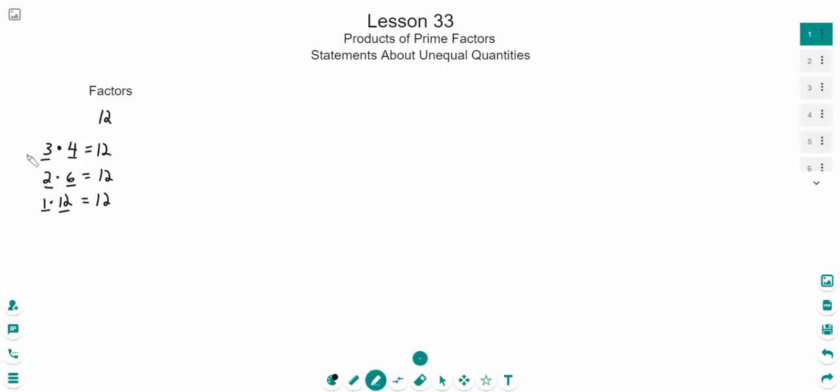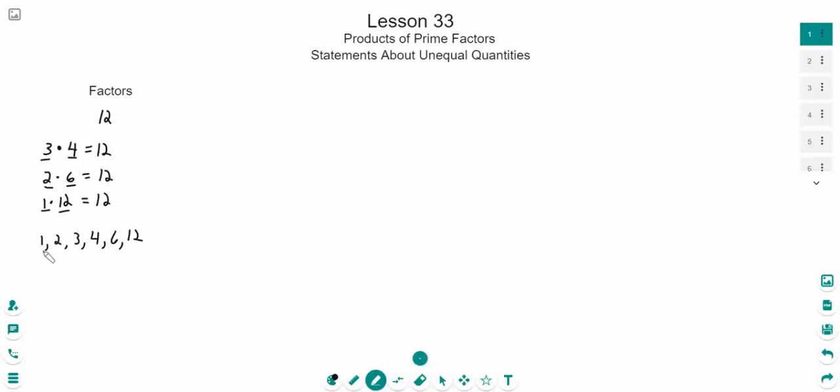So these would be the factors for a 12. If I were to just list them, I might say the factors for a 12 are a 1, a 2, a 3, a 4, a 6, and a 12. And I think I've got all of those covered there.